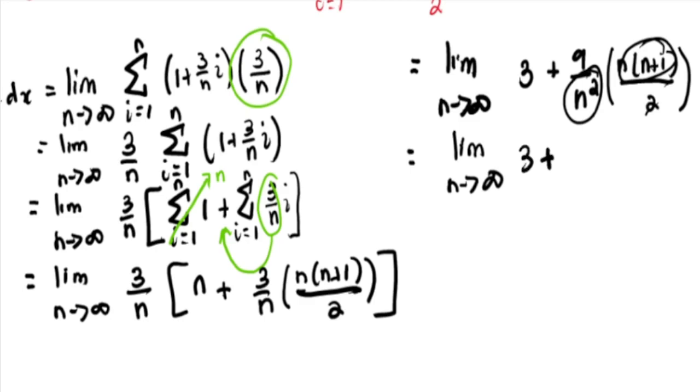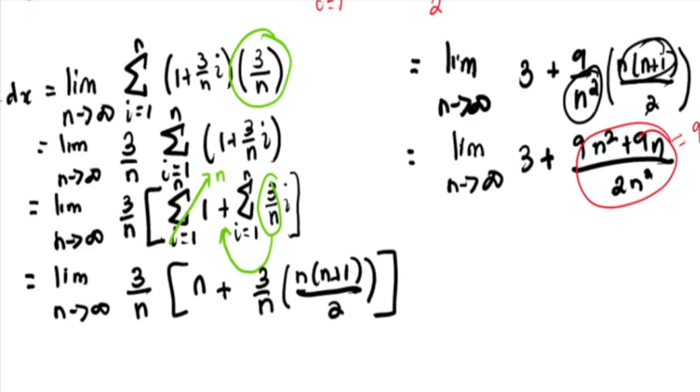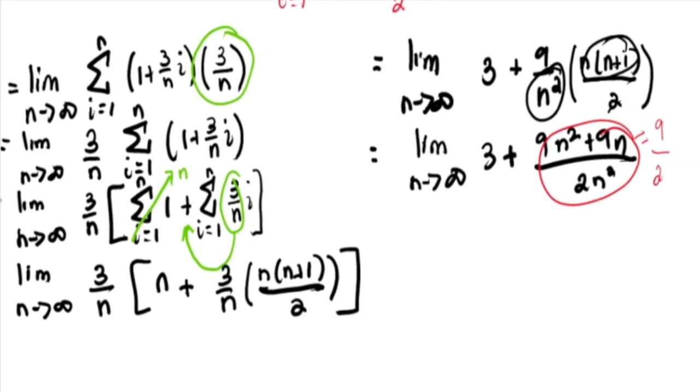So 3 plus 9n squared plus 9n over 2n squared. If we solve this one, this is equal to 9 over 2. So we have 3 plus 9 over 2 or 15 over 2.